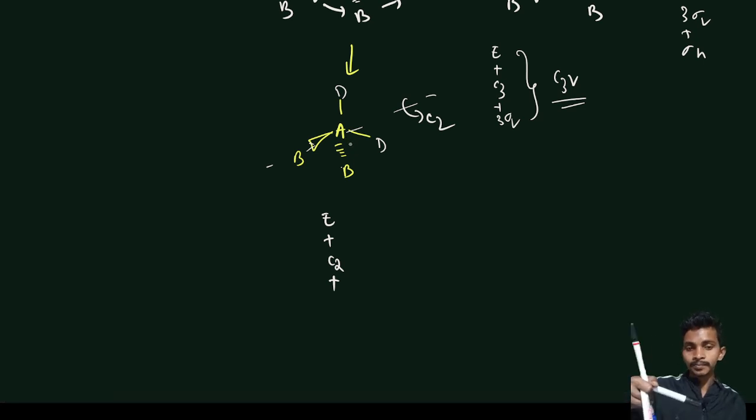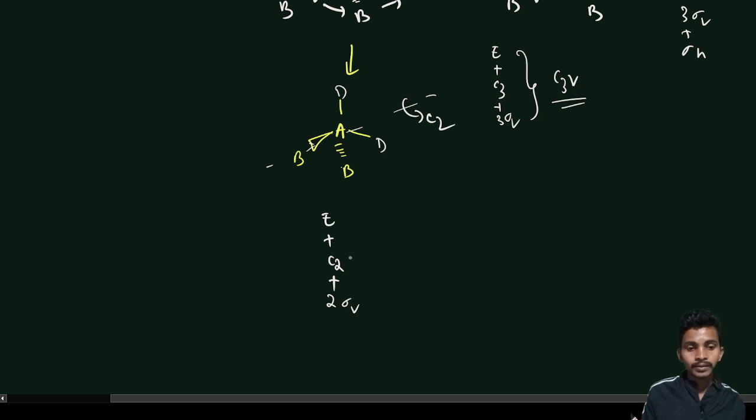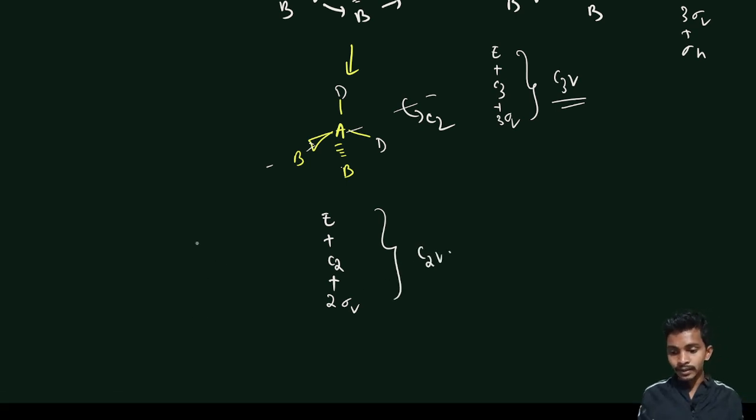Sigma v. Any chance of sigma v? Yes, sigma v is present. So 2 sigma v. So this is point group C2v, because sigma h is not present in this case.